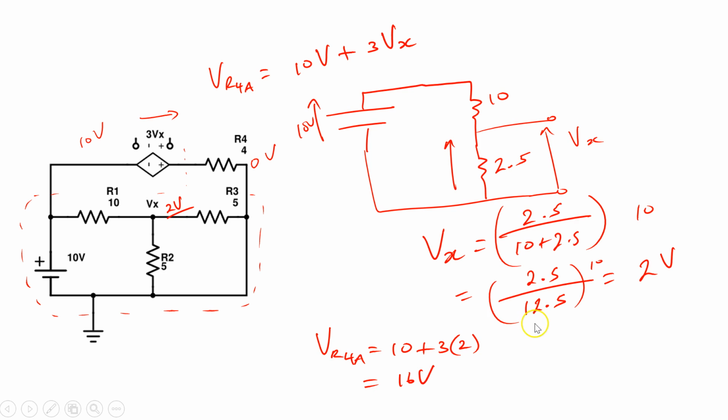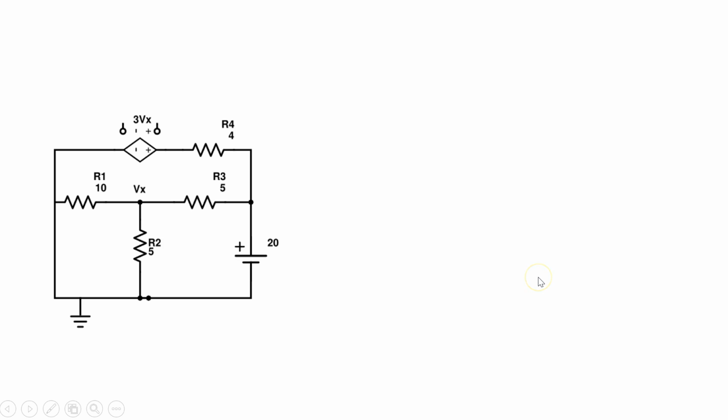Now we do the second part. So we short circuit the 10 volt and leave the 20 volt in, and again we want to find the voltage this way. This will be VR4B. So we know this side is 20 volts.